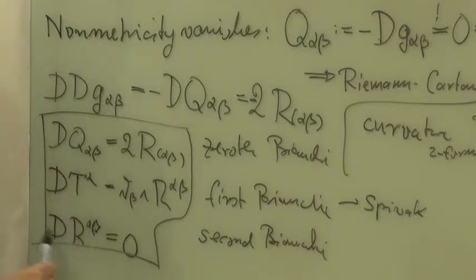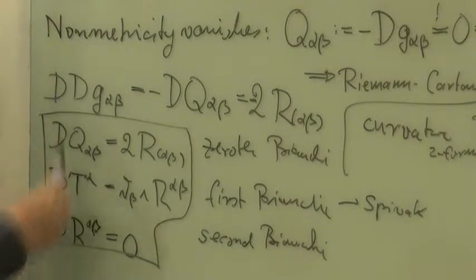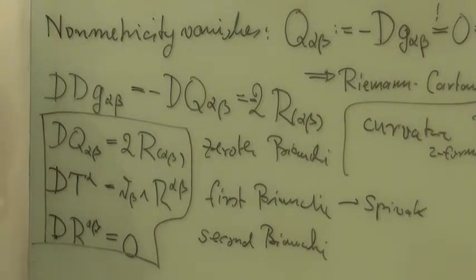You can, if you like, and which I'm not going to do, irreducibly decompose the Bianchi identities. So for instance, this Bianchi identity: the curvature is a 2-form, so this is a 3-form.